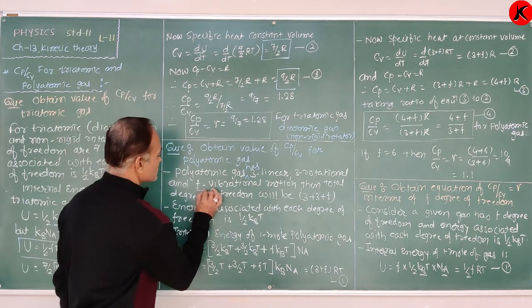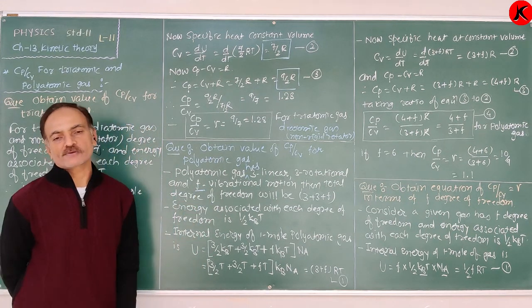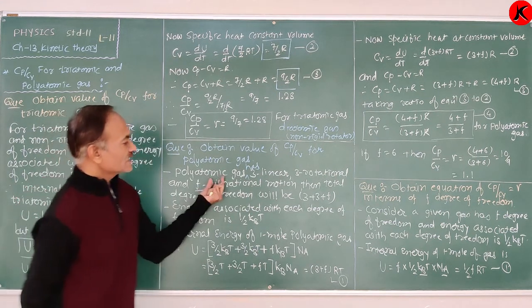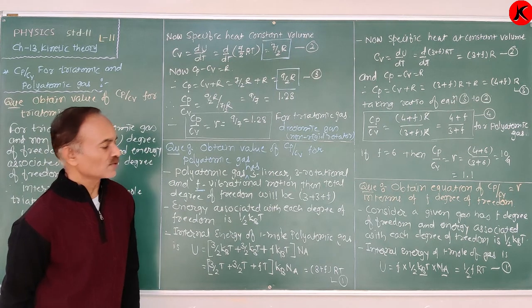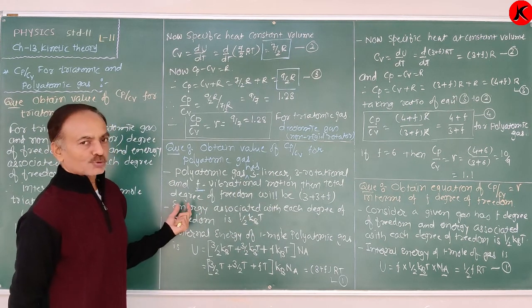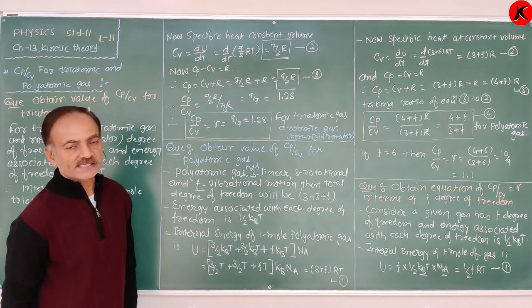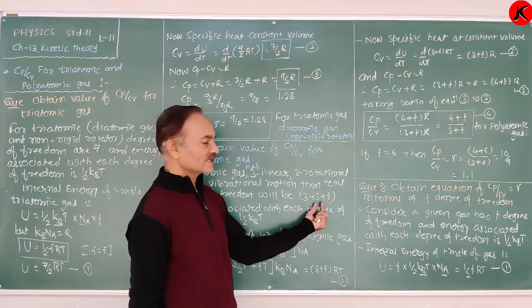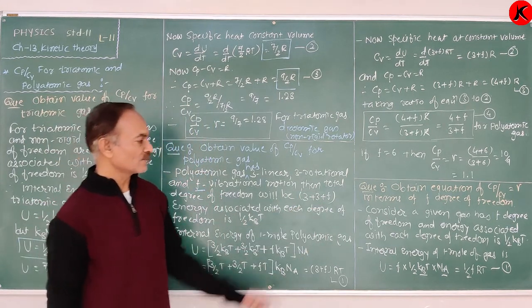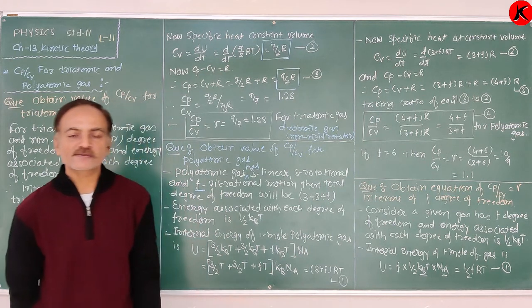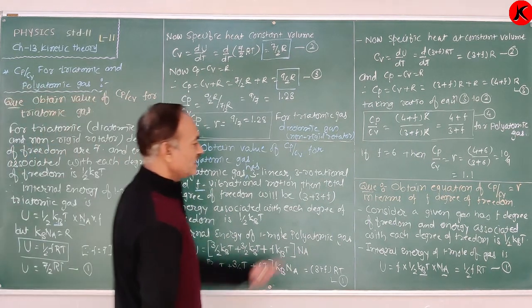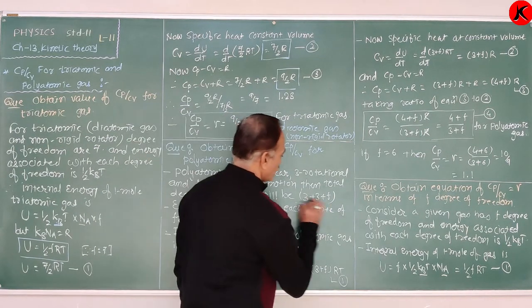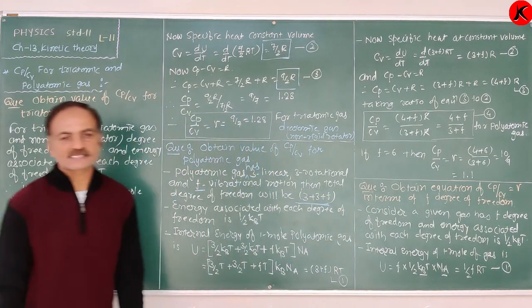Therefore, f vibrational motions are possessed by the molecule. 3 linear motion, 3 rotational motion plus f vibrational motion. Then the total degree of freedom will be 3 according to the linear, 3 according to the rotational motion plus f according to the vibrational motion. So 6 plus f is the degree of freedom for polyatomic gas.